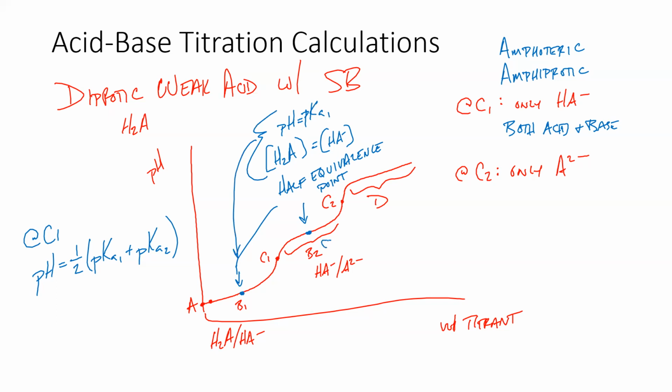For this half equivalence point here, it would be the concentration of HA minus equals the concentration of A2 minus, and pH is pKa2. So there are some easy data points to fill out along that titration curve, even though it seems a bit daunting at first.